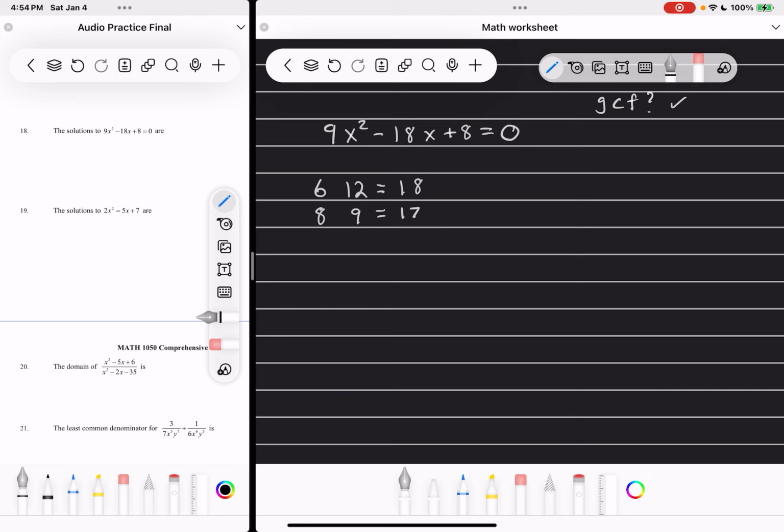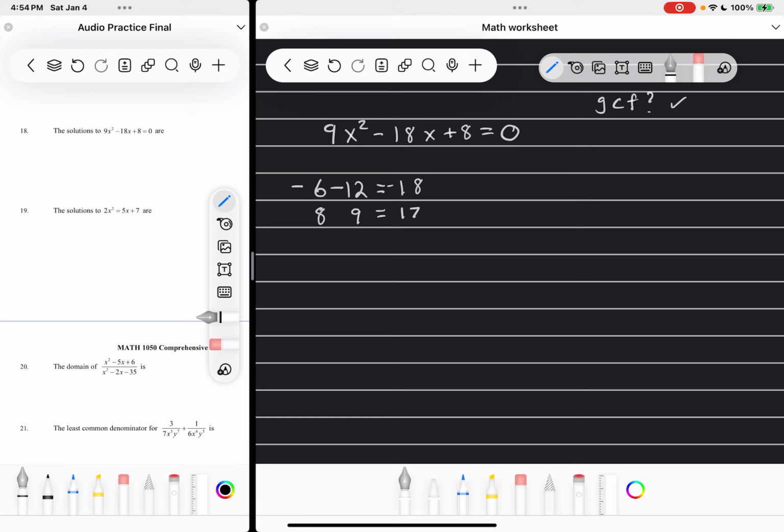In this case, we have a positive for our C and a negative for our B. So the sum is negative, the bigger one is negative, which means the other one has to be negative. So all of that is just to say that we have -6 and -12 as our numbers.